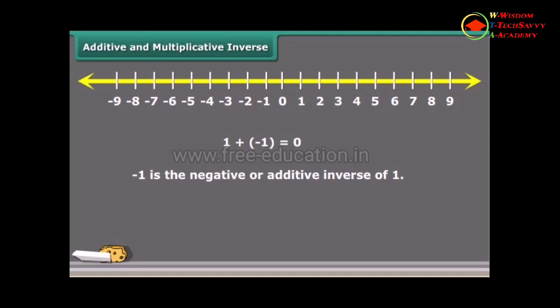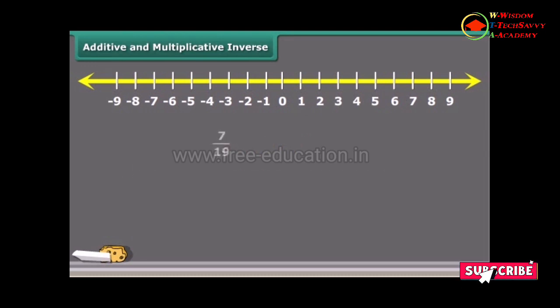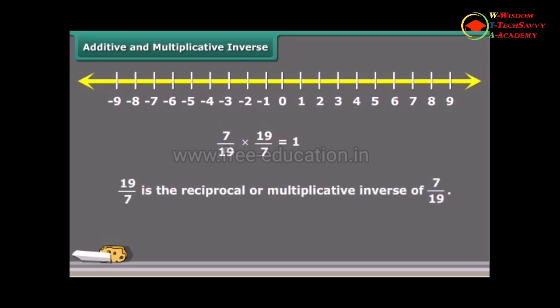Likewise, for any rational number, say 3 by 7, -3 by 7 will be its additive inverse. Just think, by which rational number would we multiply 7 by 19 to get the product of 1? Obviously, it's 19 by 7. So we say that 19 by 7 is the reciprocal or multiplicative inverse of 7 by 19.